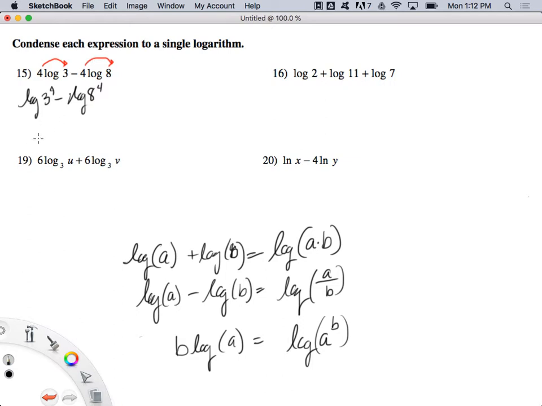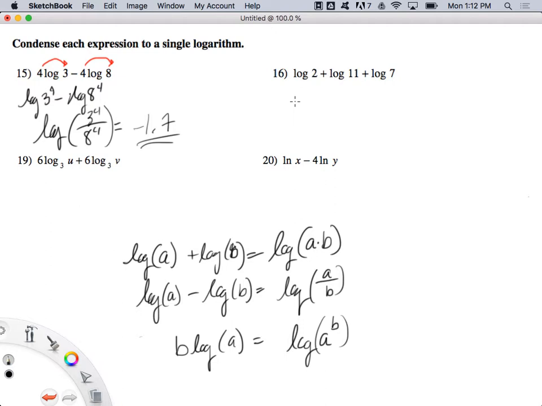Divide. Becomes log of 3 to the 4th over 8 to the 4th. You can just do that in your calculator and you get negative 1.7. So you plug that all in your calculator. Okay?